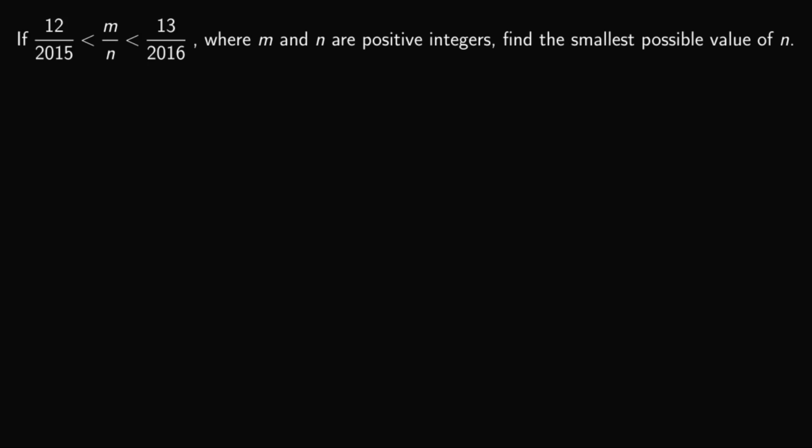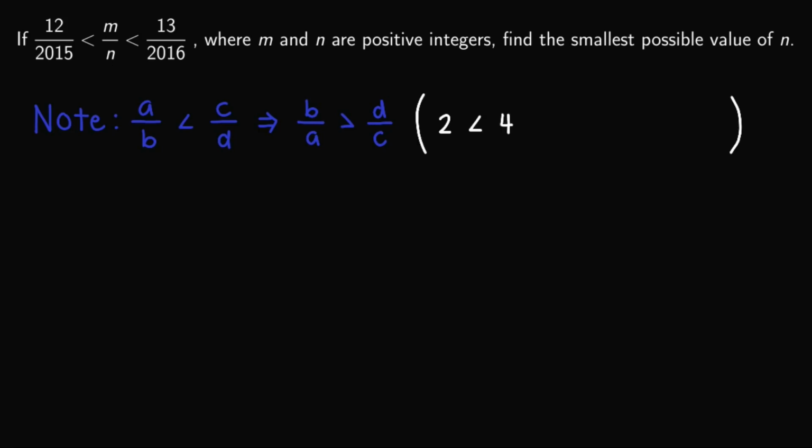Okay, so let's start. First, we take note that if we are given a over b is less than c over d, and we take their reciprocals, the inequality would reverse or flip. Indeed, if we have this example, 2 is less than 4, and we take their reciprocals, clearly 1/2 is greater than 1/4, since in decimals 1/2 is equal to 0.5 and 1/4 is equal to 0.25.